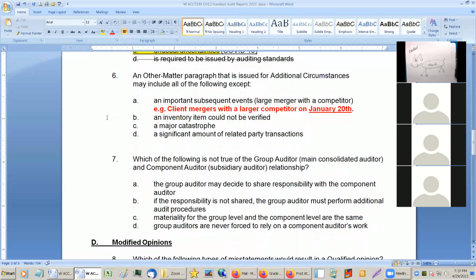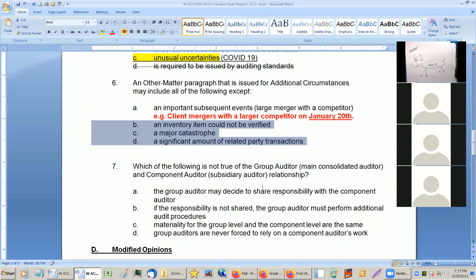So among these three, which one would probably not be big enough that you would put this in an other matter? B. Yeah. This would be that you couldn't verify some of the inventory.